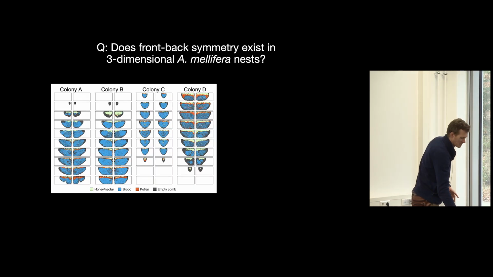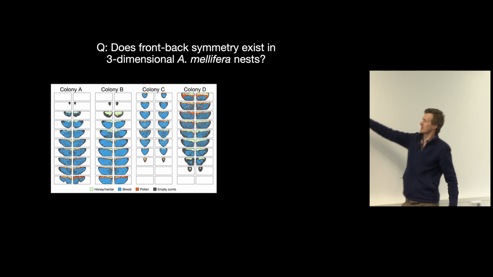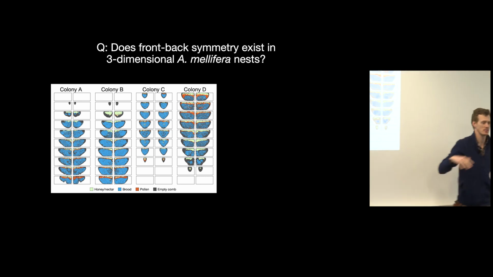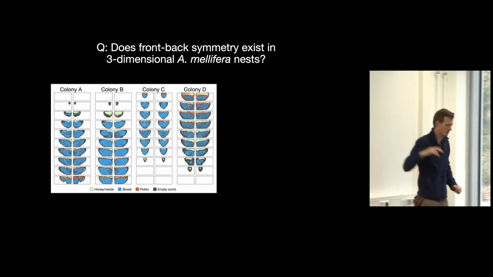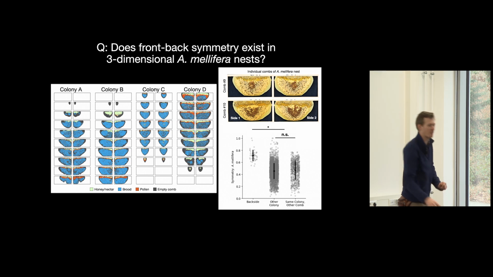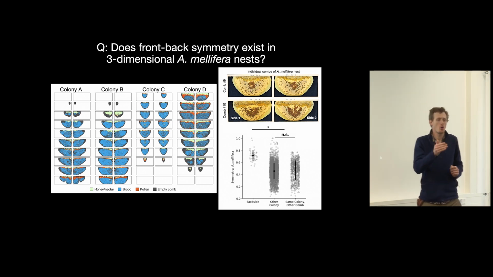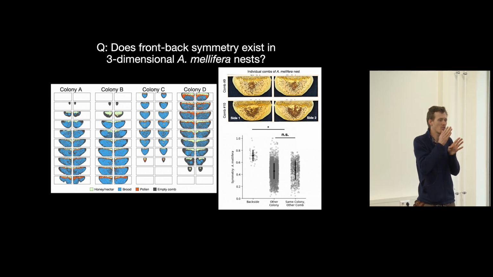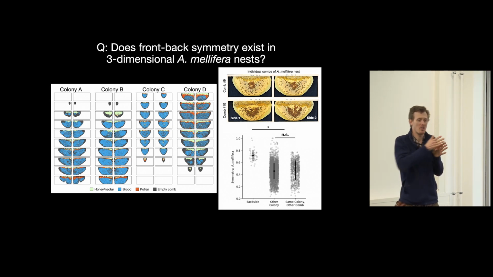I'm only showing you a subset of these nests, but again, what you're looking for is matching colors on opposite sides. This is only 4 of the 6 colonies that we did for this. We've since done it for other colonies as well. What we find is that each comb is symmetrical with itself in the nest, but they are not interchangeable within the same nest or across nests.